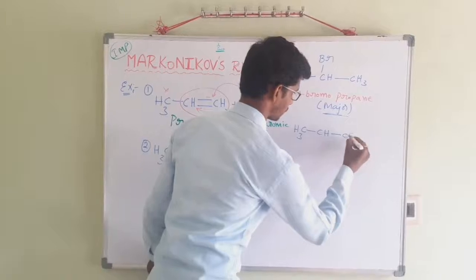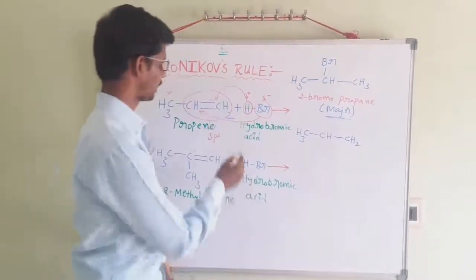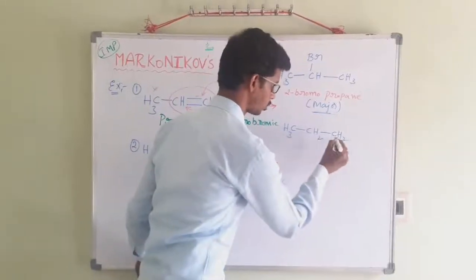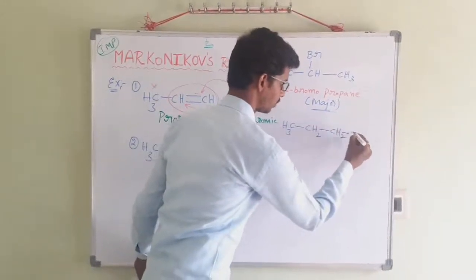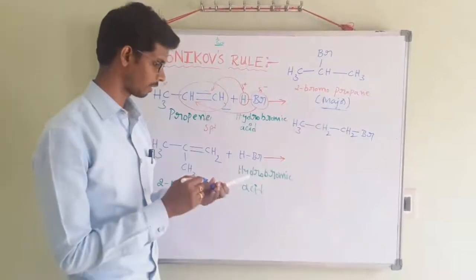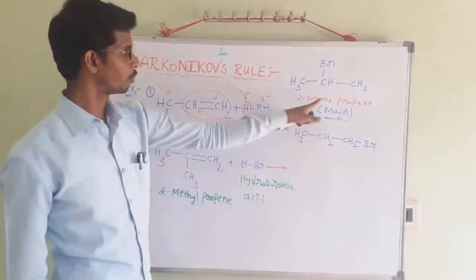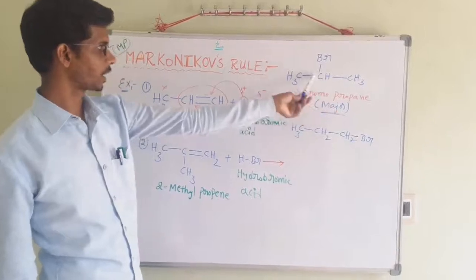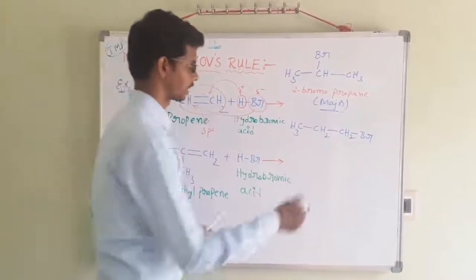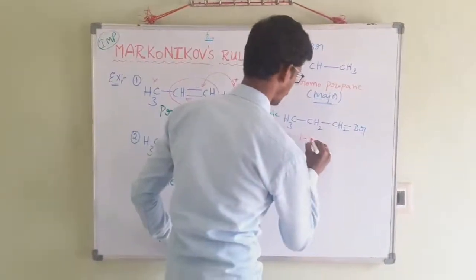Let us see. Here generally this CH2 becomes CH2, and bromine is added to this. This is a minor product. Here 2-bromopropane is the major product, and 1-bromopropane is formed as a minor product.